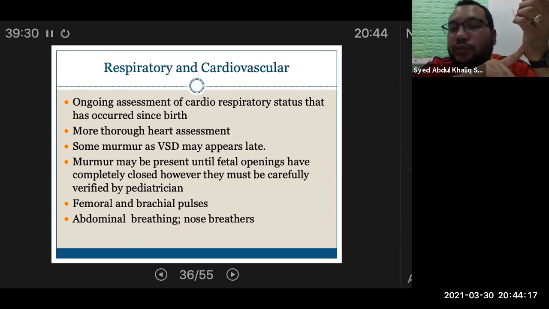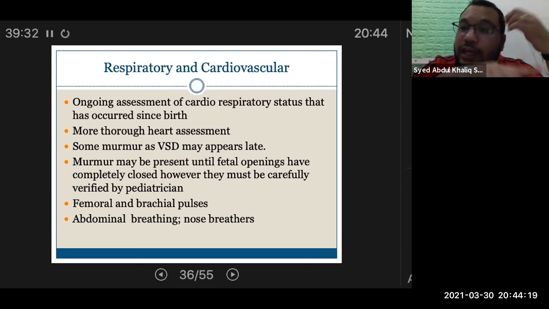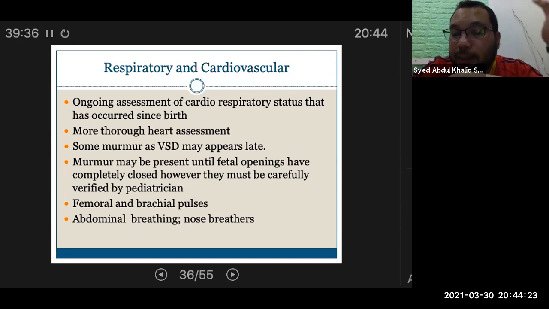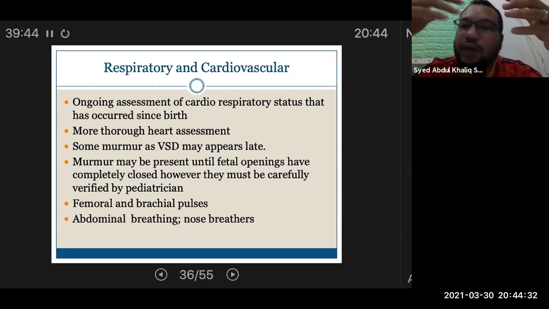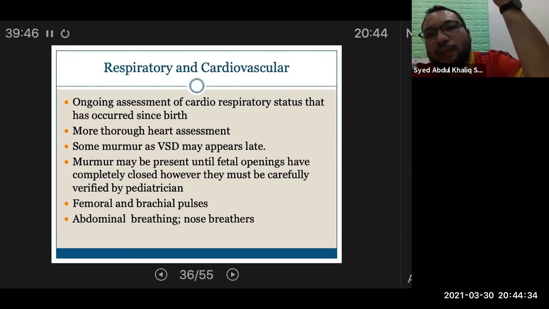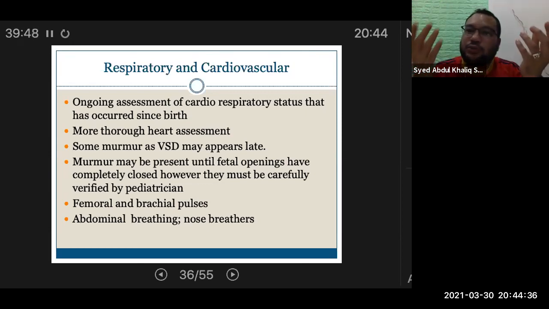Because initially, if you remember, I told you before, in utero there is pulmonary hypertension. The pulmonary blood pressure is higher than the systemic blood pressure. The moment the baby is born, because of adaptation into extrauterine life, the pulmonary blood pressure drops, and systemic blood pressure starts to go up.